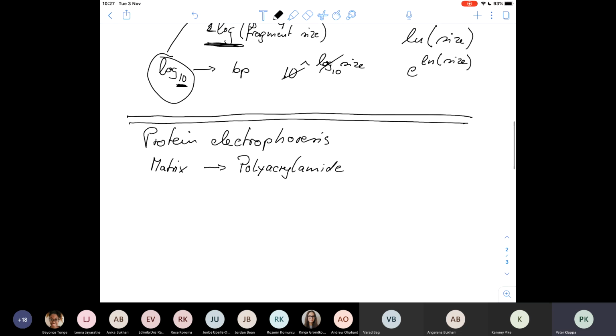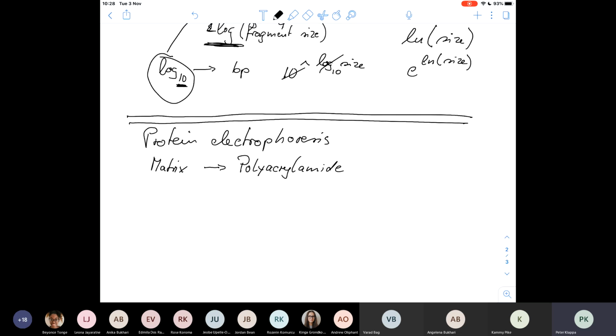Now, with DNA, it was pretty simple because DNA is always negatively charged. And so is RNA because of the phosphate group. How are proteins charged? What is the charge of a protein? What do you think? You are absolutely right. It depends on the side chains.